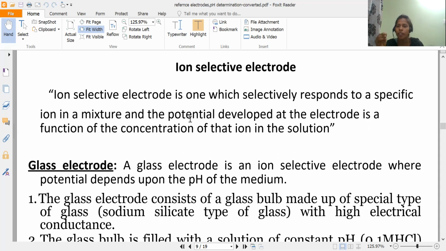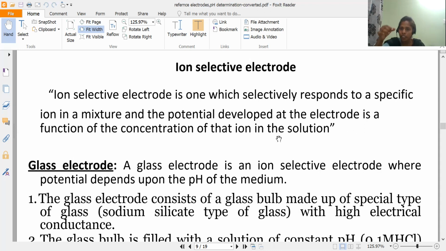Let us assume we are dipping one electrode in one solution. That solution has so many ions, but our electrode responds to the specific ion. Our electrode can transfer only the specific ions. That is meant by this. An ion selective electrode is one which selectively responds to a specific ion in a mixture, and the potential developed at the electrode is a function of the concentration of that ion in the solution.